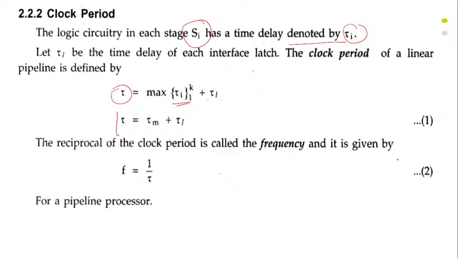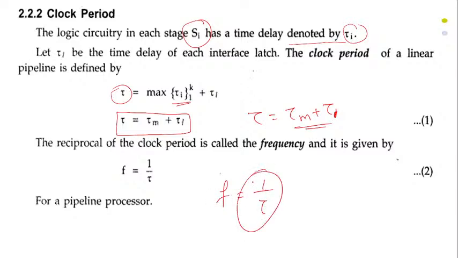You just remember this formula: tau equal to tau m plus tau 1. Or they will just give the frequency or the time period. Okay, f is equal to 1 by t. So the clock period, f is equal to 1 by t. You just remember this one.